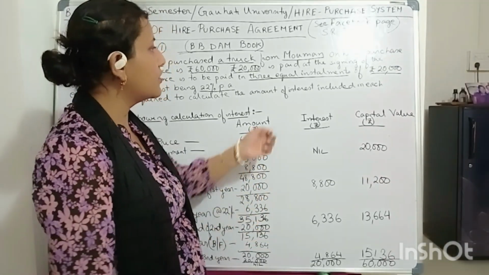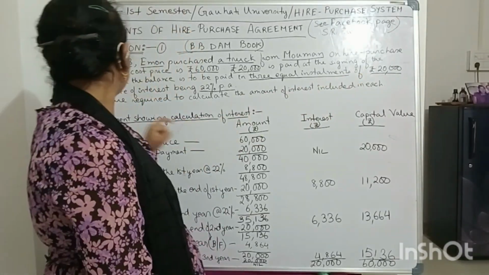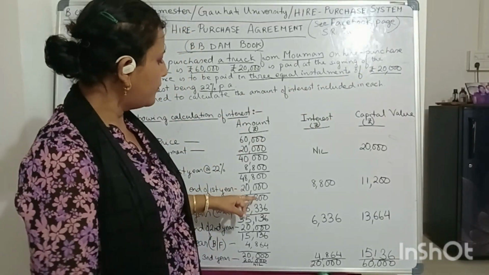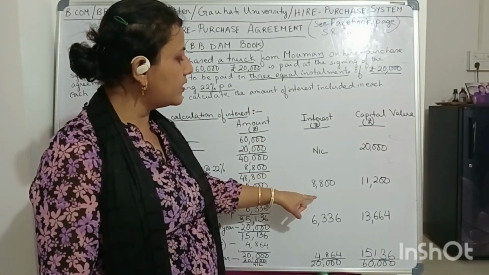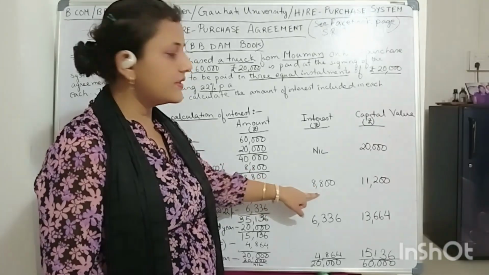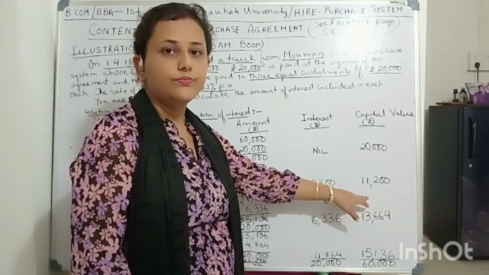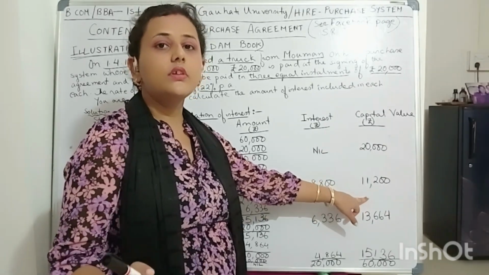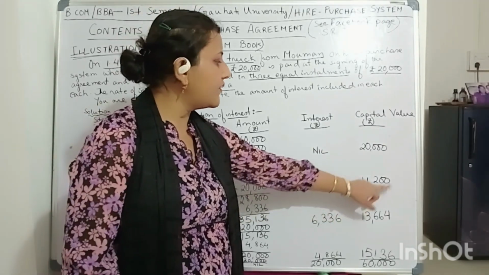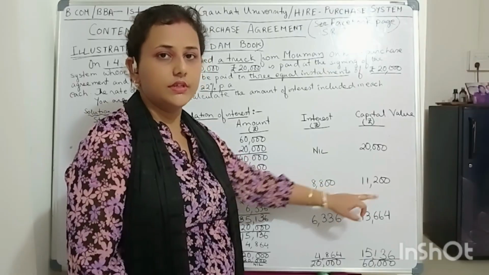It's 20,000 each. So from 20,000 in the first year, the amount of interest is deducted. Whatever remains is the capital value. That is a portion of the cost of the goods, 11,200 for the first year.